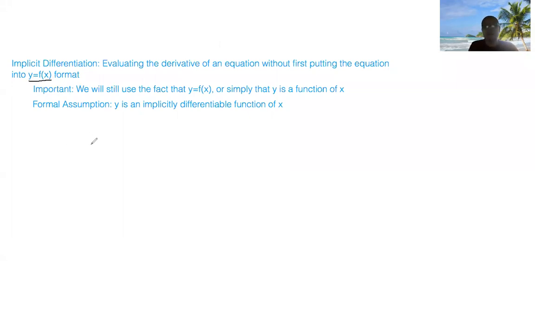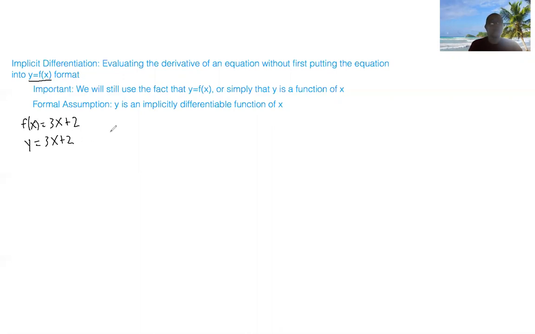What I mean by that is, thus far, all of the functions that we've seen really come in this form. Something like f of x is equal to 3x plus 2, where we said that we can also write y is equal to 3x plus 2, because these two equations are the same, because y is typically a function of x.